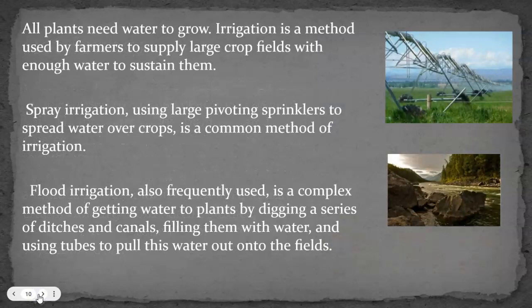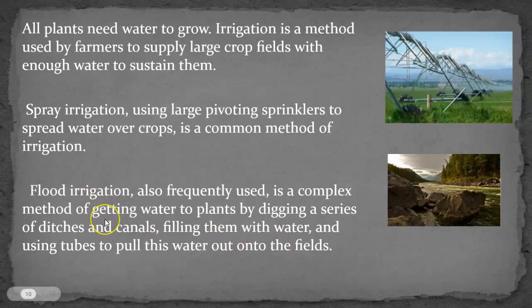Now, all plants need water to grow, right? Irrigation is a way that farmers use water to supply large crop fields with enough water to sustain them. Sometimes they'll use spray irrigation using these large pivoting sprinklers to spread water over crops. Another way to irrigate is by flood irrigation.